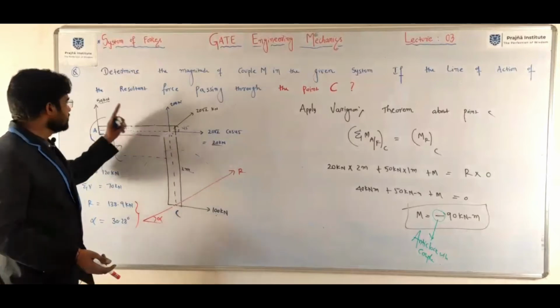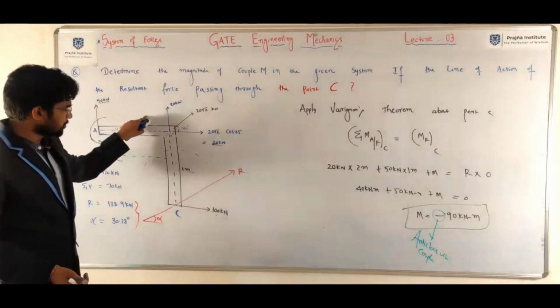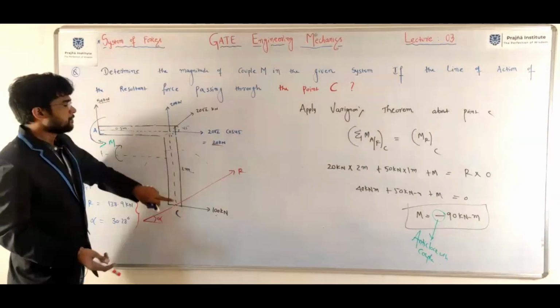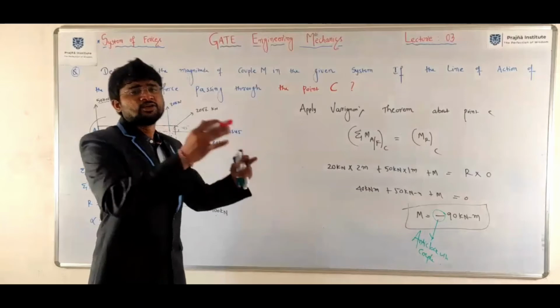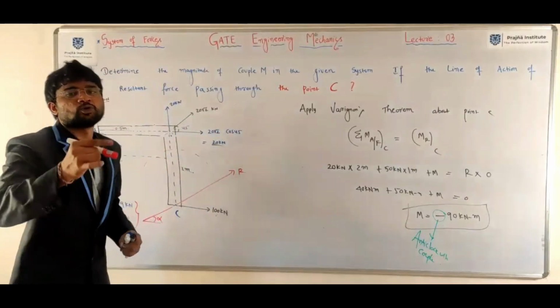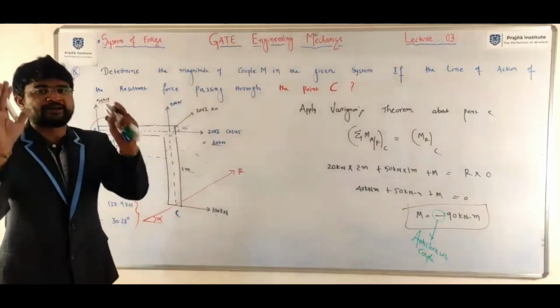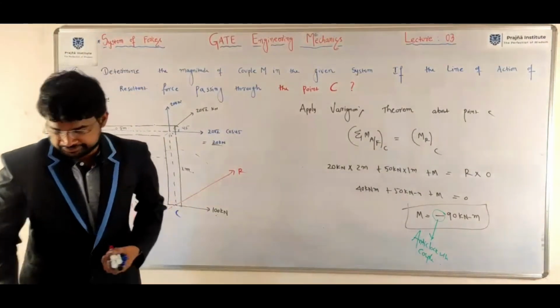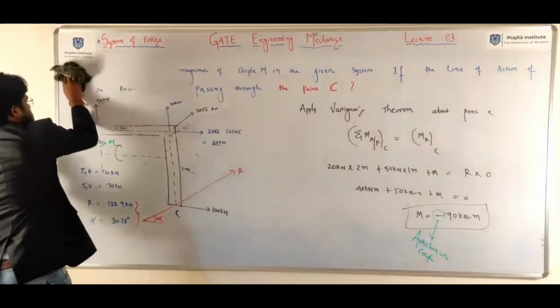Passing through the point B, what is the magnitude of couple M? Passing through point A, magnitude of couple M. Passing through point C, magnitude of couple M. Total 5 questions. From this you can understand how to apply moment of force about a point. That's it. Now write down beams.